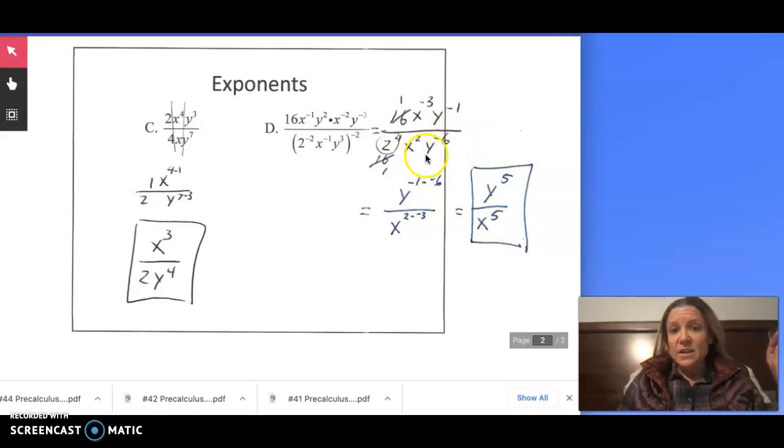So that's actually going to move up to the denominator, add with that negative 1, which is going to combine to get us y to the fifth. And then what's left after the 16s have canceled, you have the x to the negative third and x to the second, so subtract a negative, which means basically just add. 2 plus 3 is going to get you x to the fifth into the denominator.